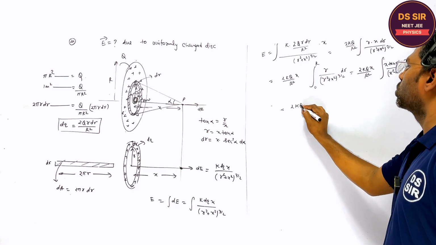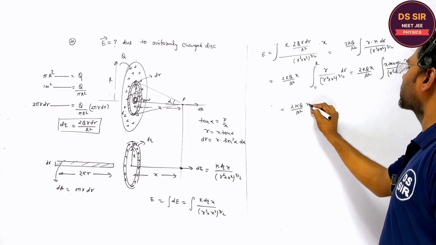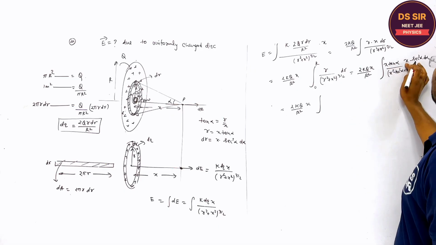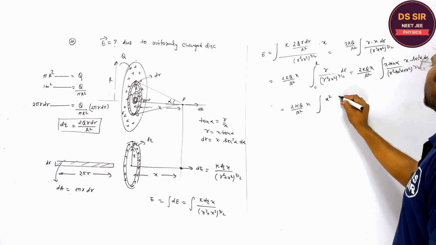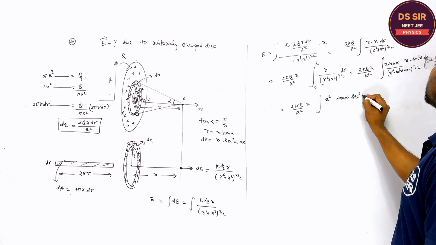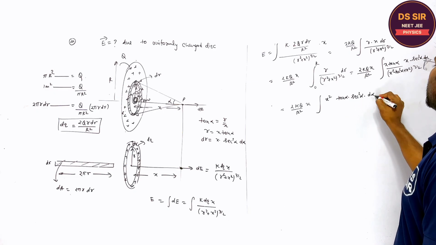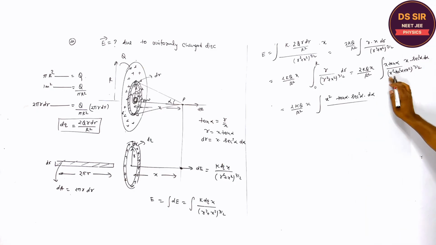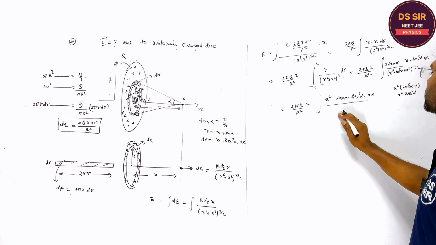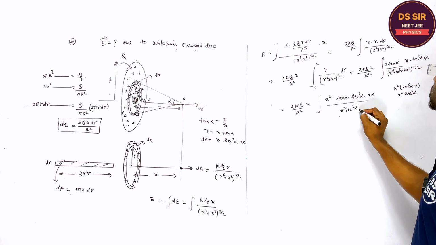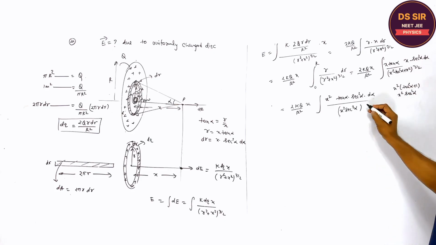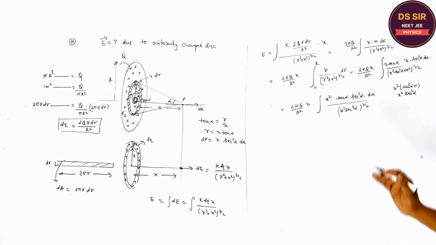This is equal to 2kq upon r square into x, this is x into x, the x square, tan alpha sec square alpha d alpha, divided by, listen, if you take x square common, tan square alpha plus 1 may be written as x square into sec square alpha. So in the denominator it is x square sec square alpha, raised to the power 3 by 2. First copy this. If any doubt you can ask.